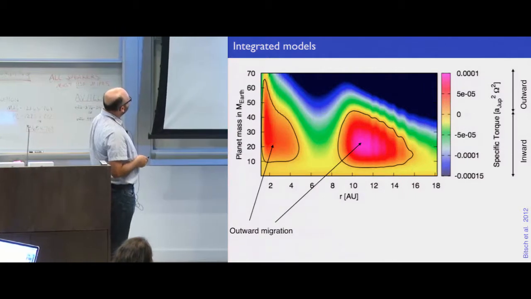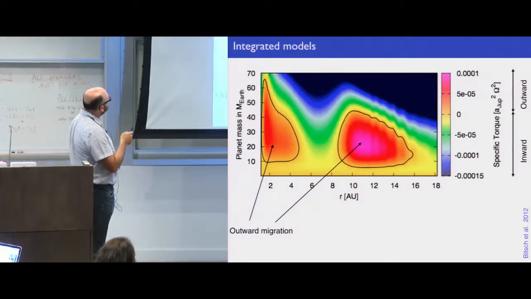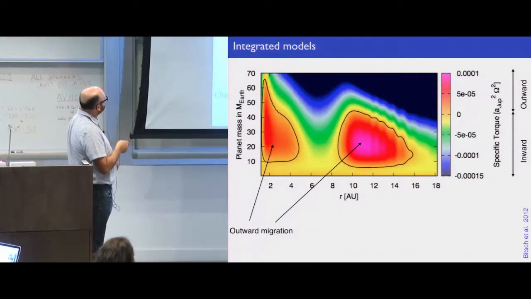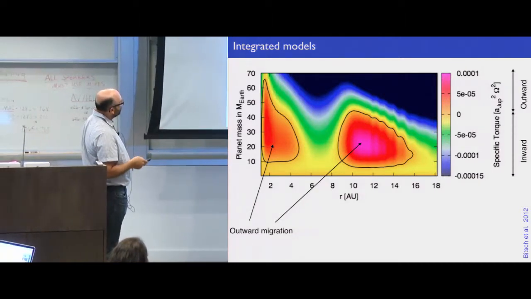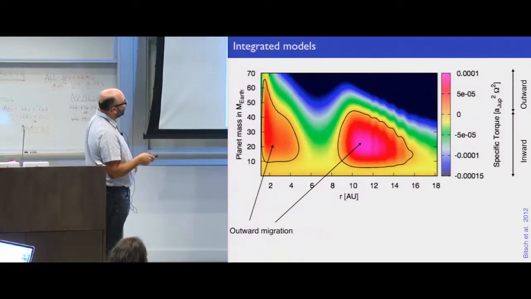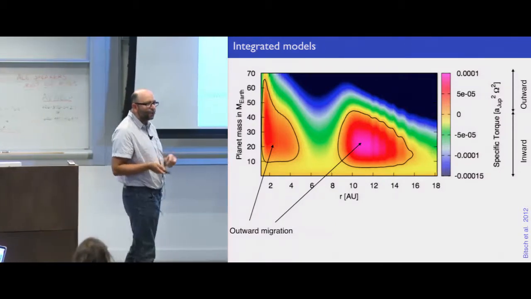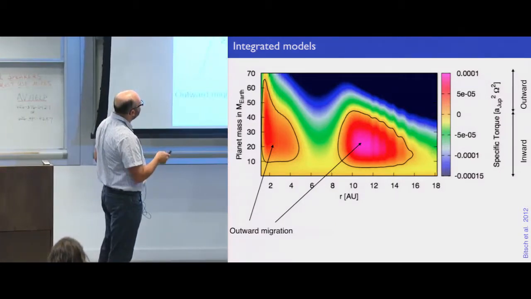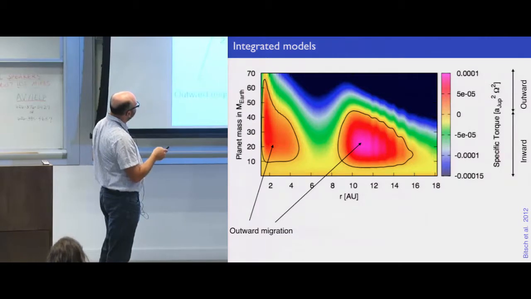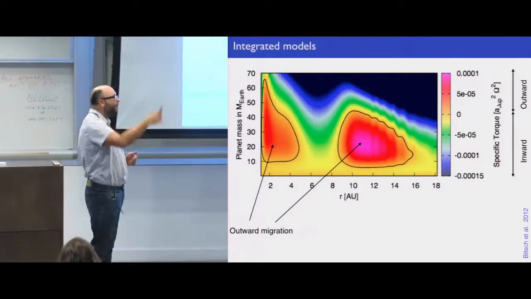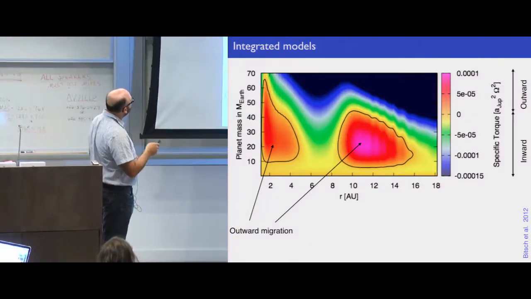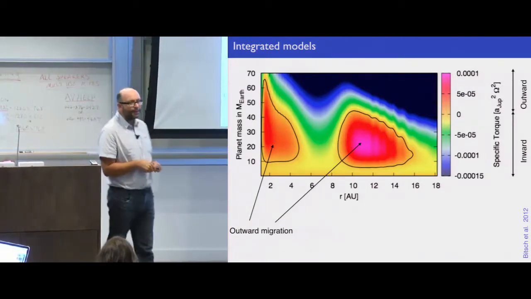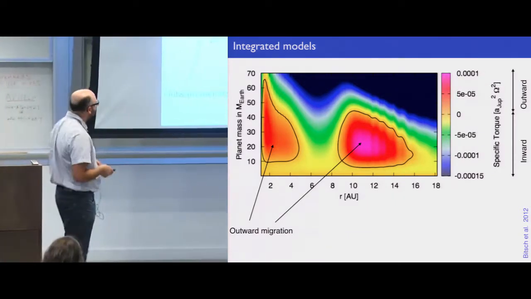On this axis you have the mass of a planet in Earth masses, and this is the location in the disk, the semi-major axis. And the color code gives the torque, so the interaction between the disk and the planet. Red and violet mean a positive torque, so the planet will go outward, outward migration, and blue means inward migration. And the black lines are places where there is no torque between the disk and the planet.